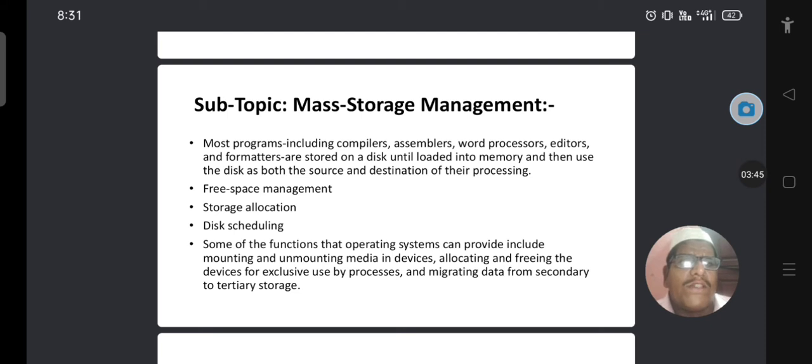Some of the functions that the operating system can provide include mounting and unmounting media in devices, in your computer systems, allocating and freeing the devices for exclusive use by processes, and migrating data from secondary to tertiary storage.